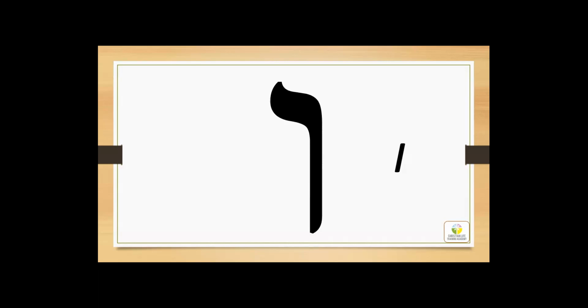So you start with your thumb and then say Aleph, Bet, Gimel, Dalet, Hey. And Hey is 5. Now we are going on to learn number 6. You'll see we'll go right down to 22 and that's the values.